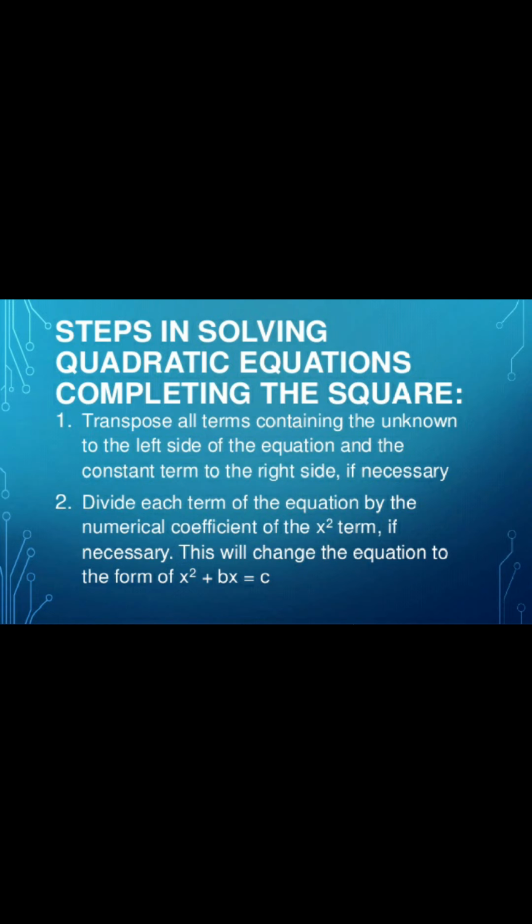Second step: divide each term of the equation by the numerical coefficient of x squared. If there is any coefficient of x squared, you divide the whole equation by that coefficient. This will change the equation to the form x squared plus bx is equal to c, that we have seen in the last example.